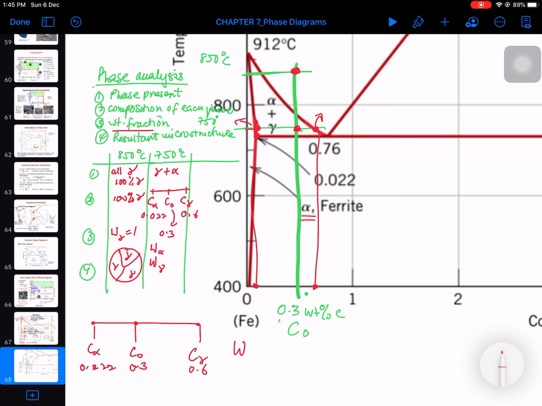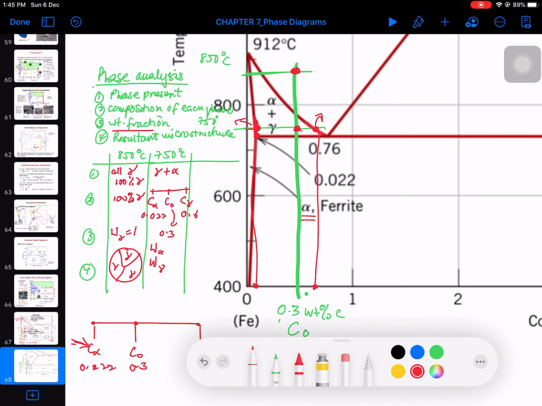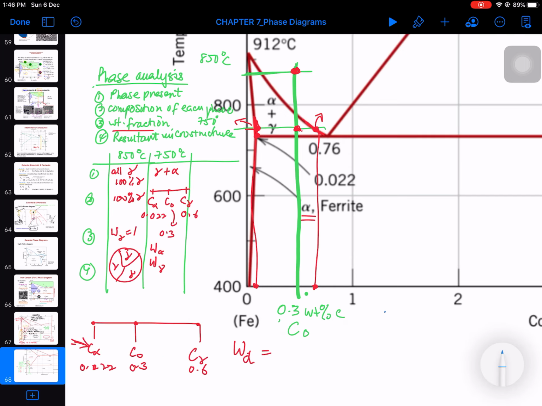So for W alpha, we are going to find the weight fraction of C alpha. It equals the length of the opposite side of whatever we are figuring out on the tie line. If we are looking for C alpha, we need the line opposite to it, which is this length.